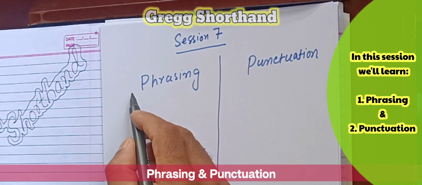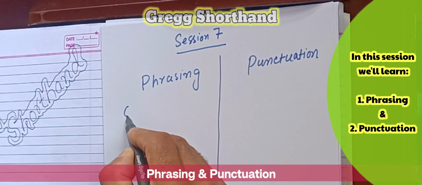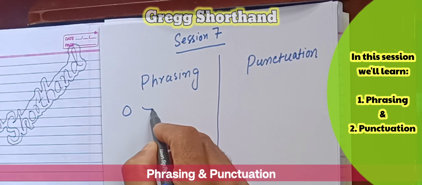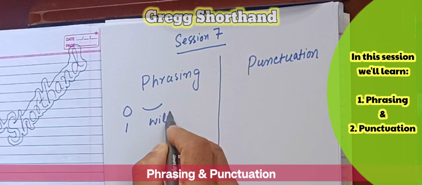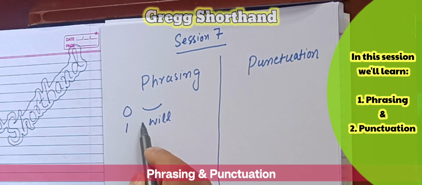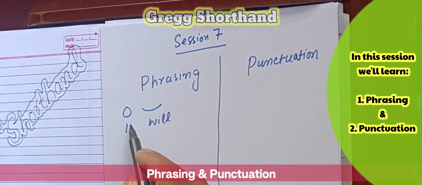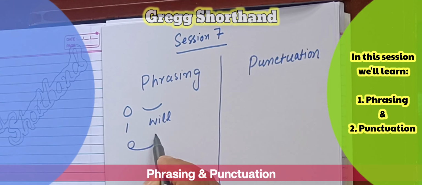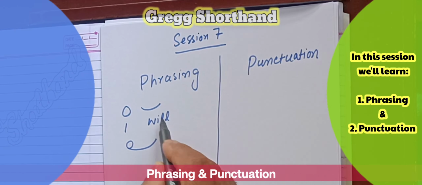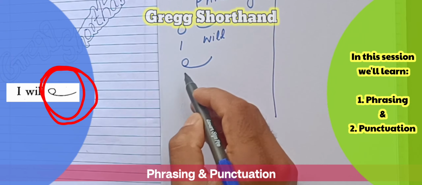For example, if this is I, this is will, we will join them together to make a single outline. This becomes I will. This is called phrasing, okay?